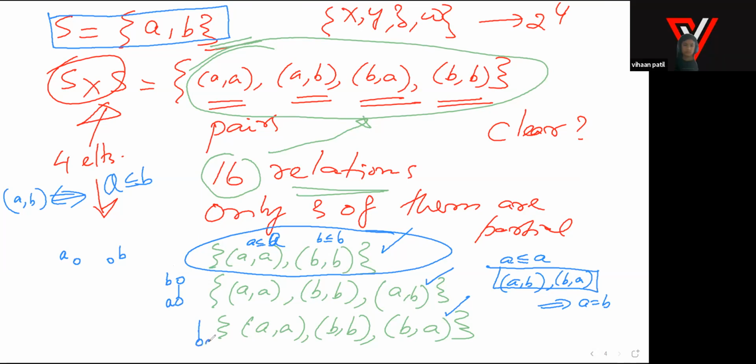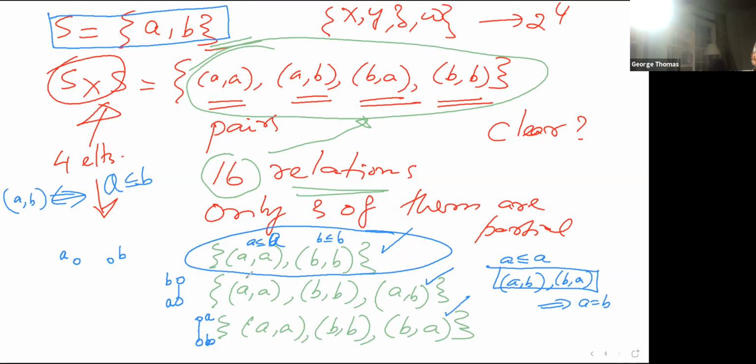No. B here and A here. It is simple, but we found that out of the 16 relations possible on this set, only 3 are partial orders.